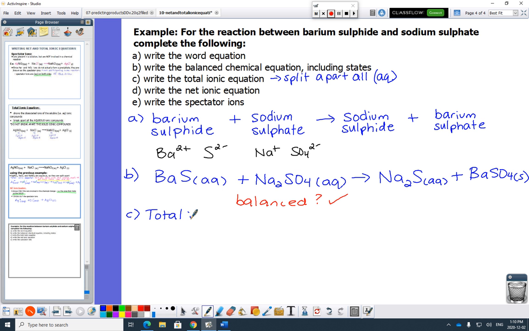So we have barium and sulfide aqueous. When you show what the ions are, that's also helpful because it's going to be the same. You needed to know the charge to do crisscross. That's going to be the same thing. Barium, sulfide, sodium.